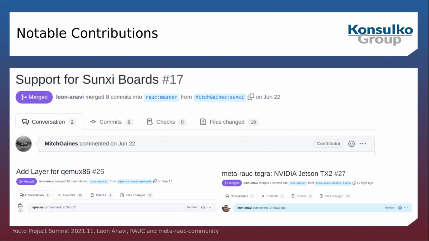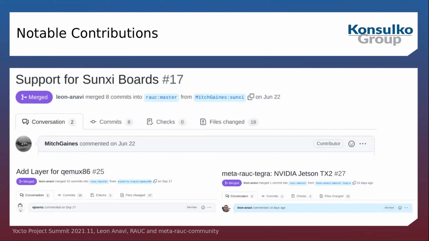Some notable contributions: Mitch Gaines added support for sunxi boards. These are the Allwinner boards. I'm personally attached to them because a company from my hometown, Plovdiv, Olimex, is famous for making open source hardware with Allwinner systems on a chip. So Mitch Gaines made this enormous effort.